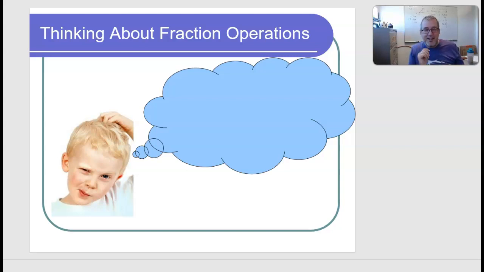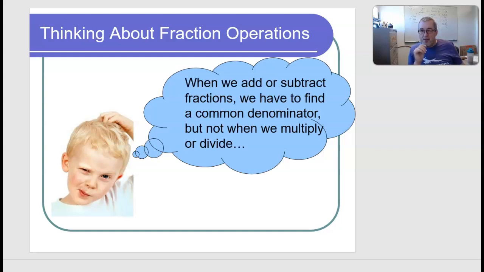So here's the issue. We start getting into fractions, and can you just imagine the thinking of a child? He says, okay, so when you add or subtract fractions, you have to get a common denominator for some reason. But you don't have to get a common denominator when you multiply or divide.